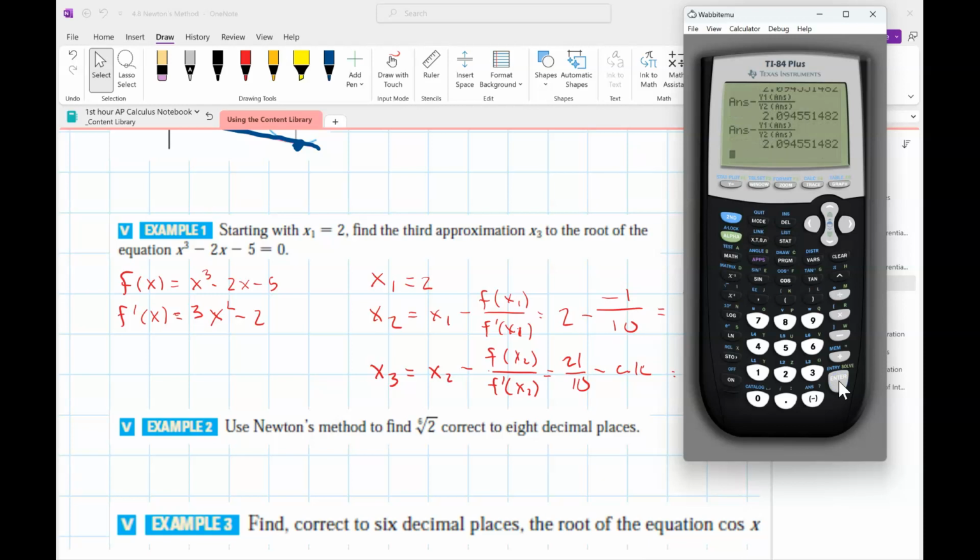And I'm getting a new approximation every time, which is really cool. And here's the best part, right? Let's say instead of starting with x1 at 2, what if we wanted to start at 3? So all I need to do is press 3 and enter. And if I do second and enter twice, it'll recall that thing that I just typed in.